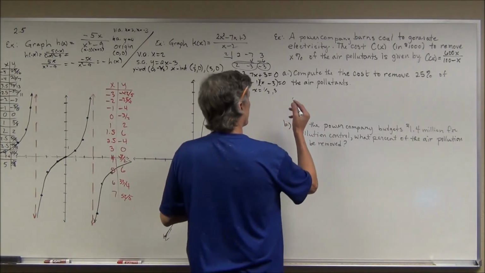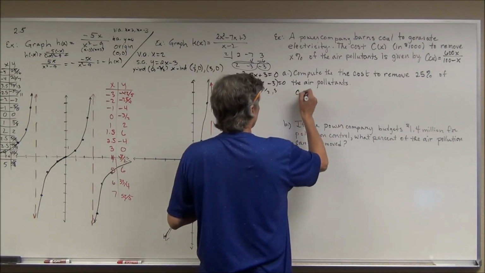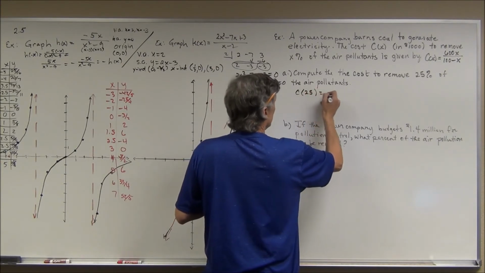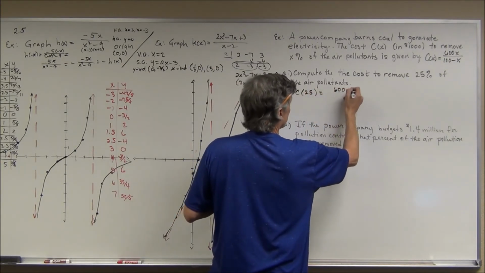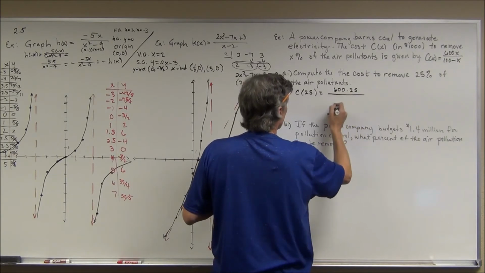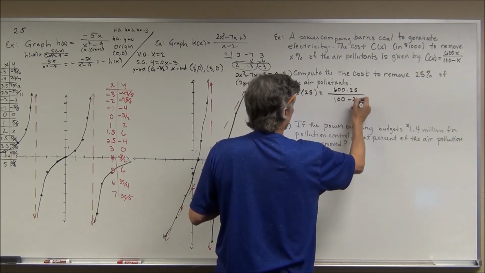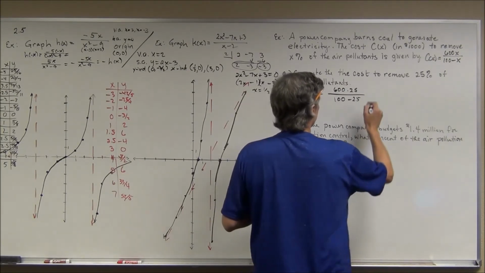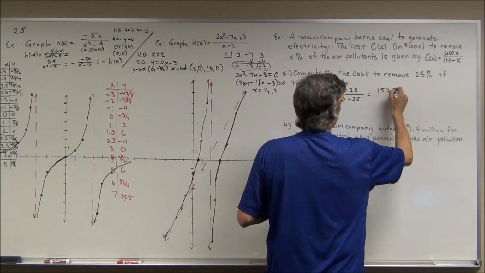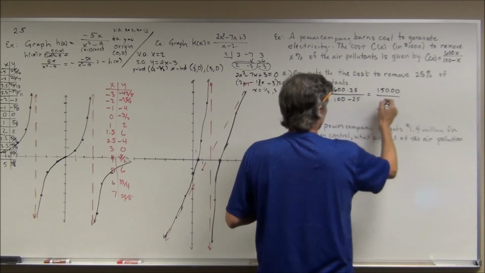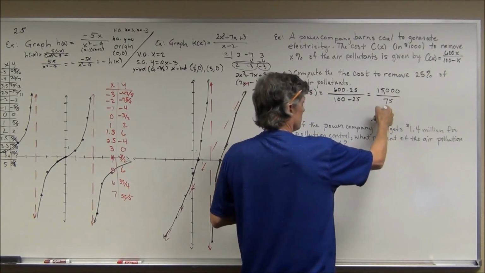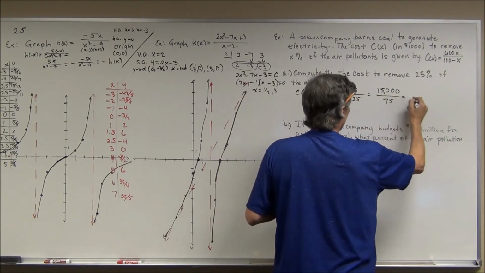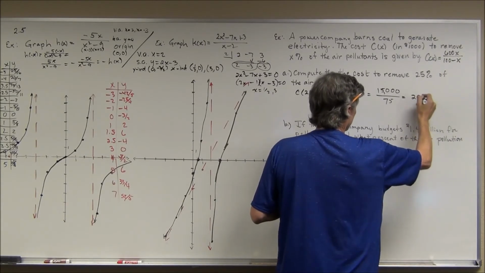Well, that's just another way of saying, with that function, C of 25. So that's 600 times 25 all over 100 minus 25. Well, 6 times 25 is 150, so this would be 150 with 2 zeros, and this would be 75. Well, 75 goes in 150 two times, so that's going to be 200.